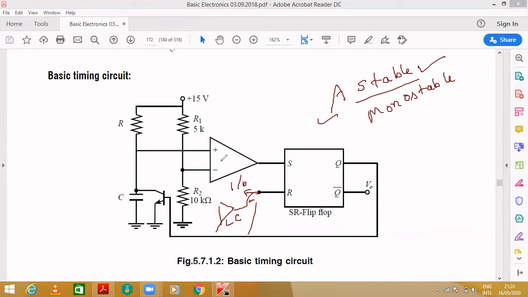It can be used as an adder, subtractor, integrator, differentiator, and also comparator, isn't it? Here, as it is lower, it will be named the lower comparator, and this upper one will be the upper comparator, UC. If you get to know how this one circuit op amp will be acting, it is very easy to know how this is going to act. That's why, instead of introducing directly, first let us know about a basic timing circuit.